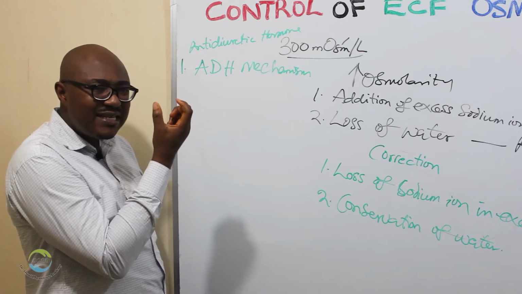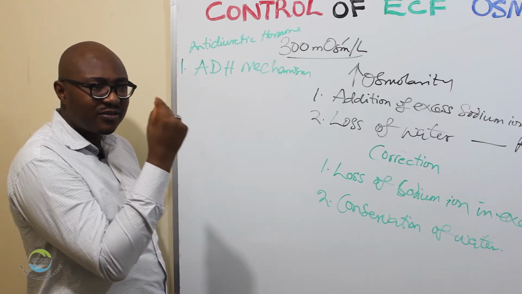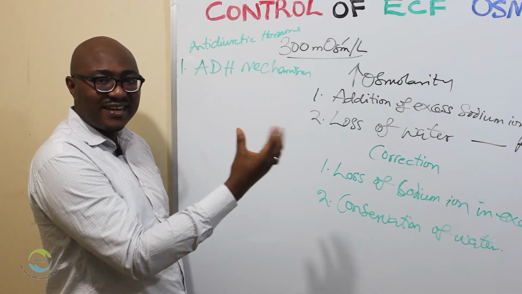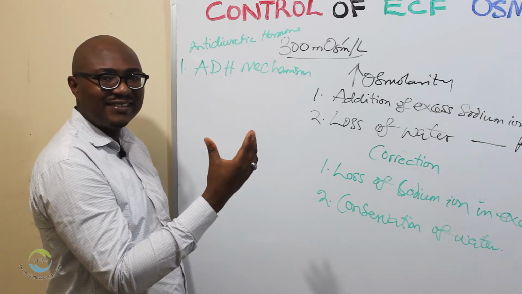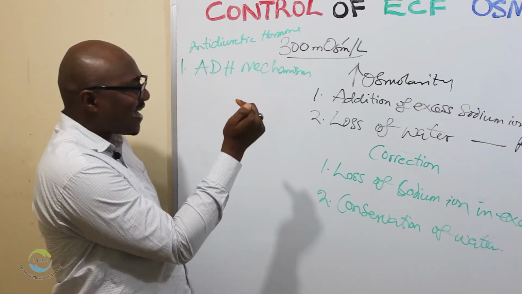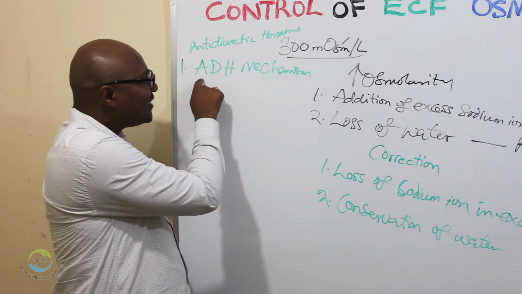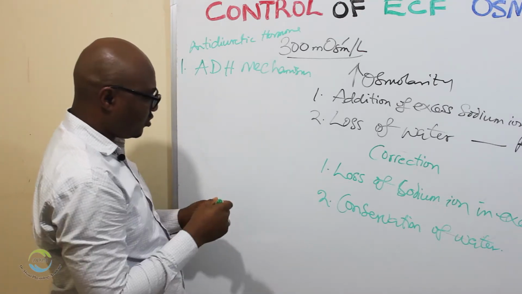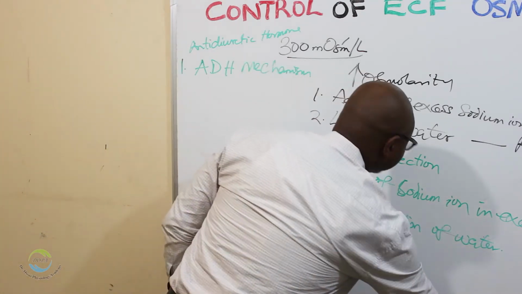So when there is a little shrinkage of those cells, they release electrical impulses that activate the release of ADH in the posterior pituitary gland.